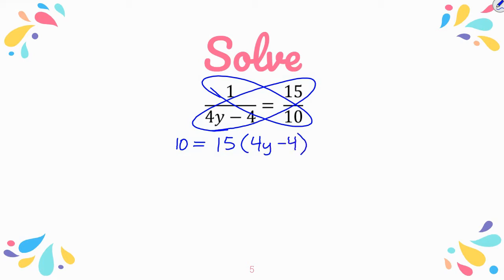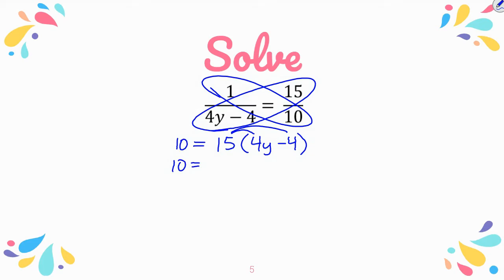The only reason I'm putting the 15 first is because it looks a little nicer than writing 4y minus 4 with the 15 on the other side. Because then we can remember to actually distribute here, where this one we might forget.